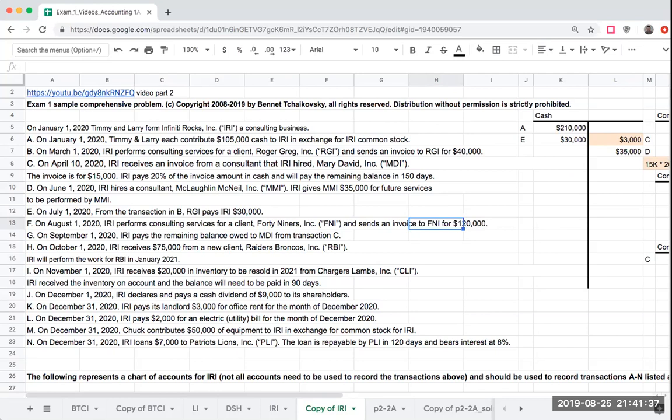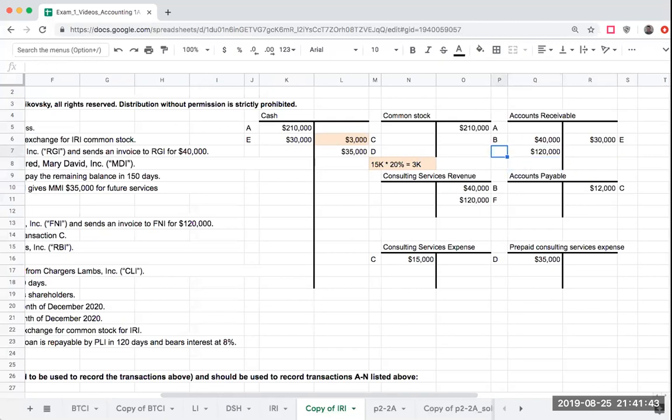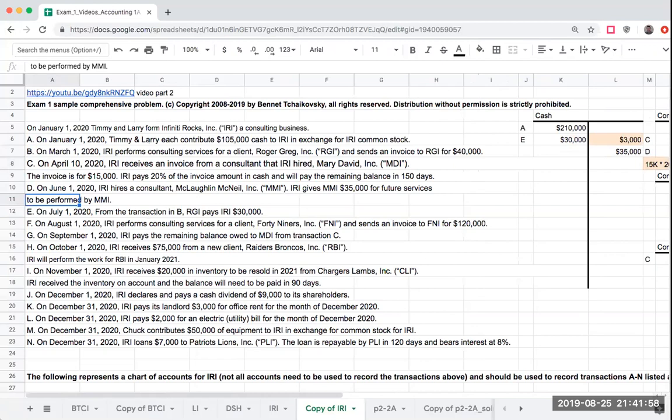No. It's going to be accounts receivable over here for letter F. Okay, are there any questions about that? Note that this is essentially the same transaction as letter B. There's really no difference.